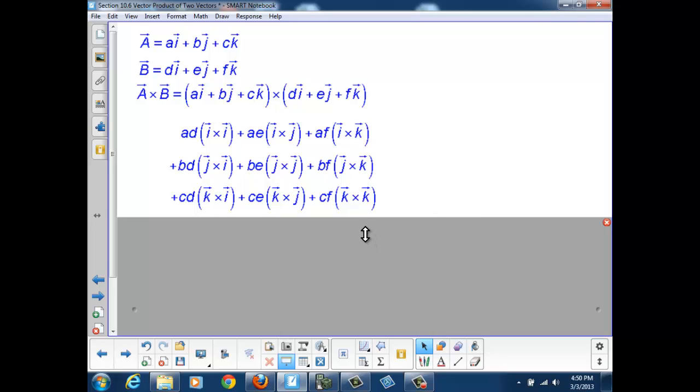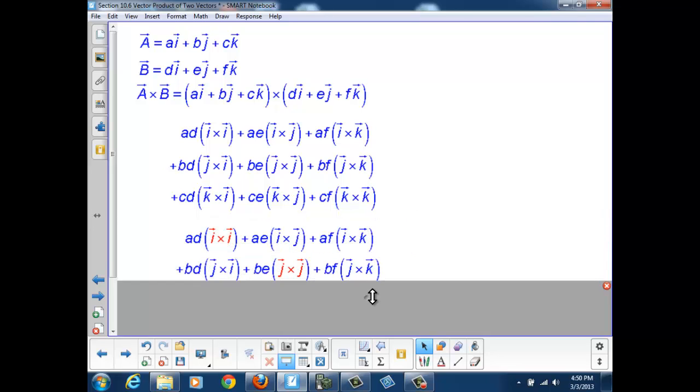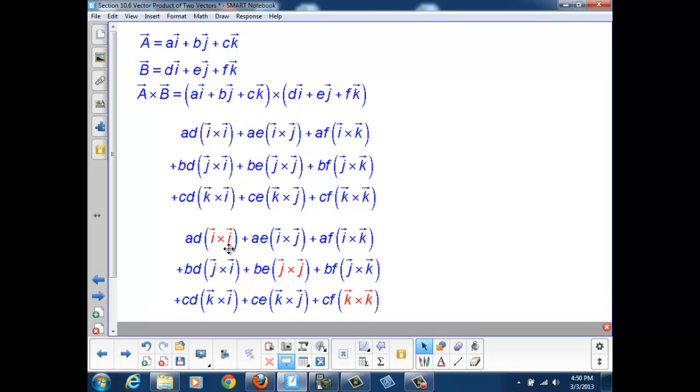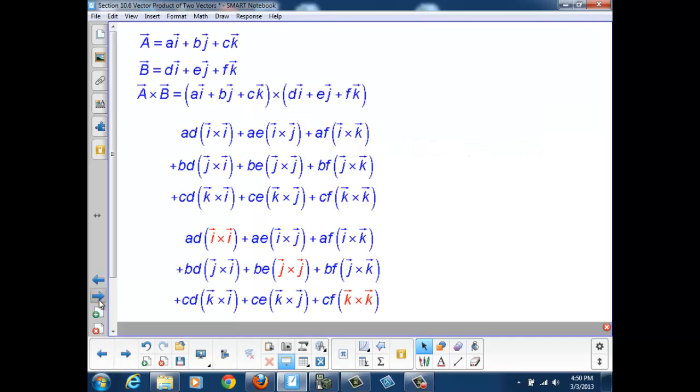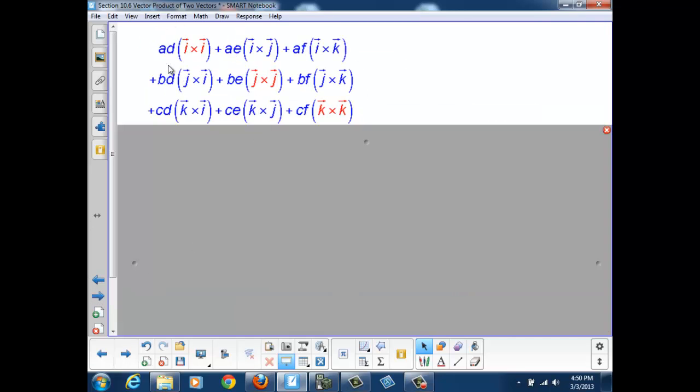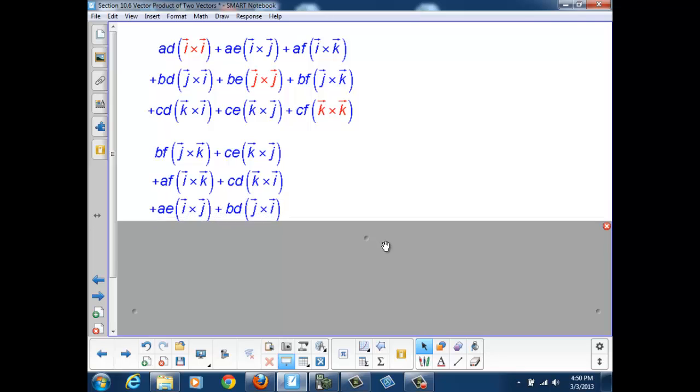Now, if you'll notice, right down that middle diagonal, we have an I cross I, a J cross J, and a K cross K, which we determined just now is equal to 0. So let's carry that over to another page. And if I remove each of these terms, because each of these cross products is 0, I'm left with this expression.